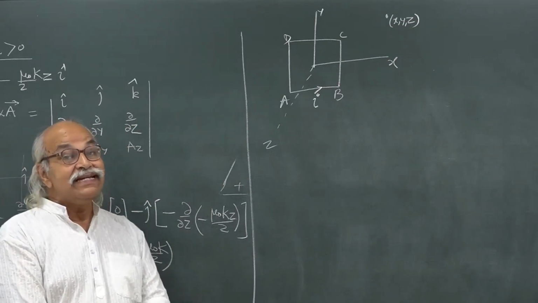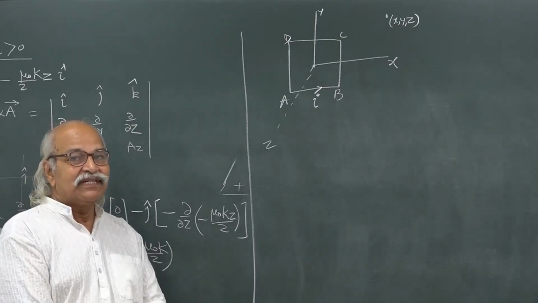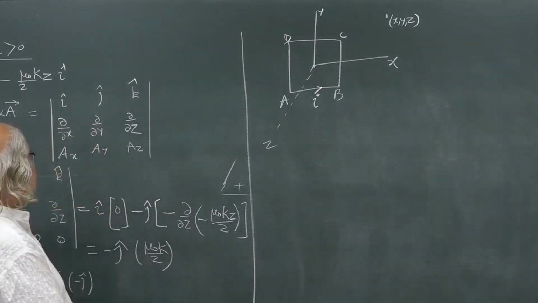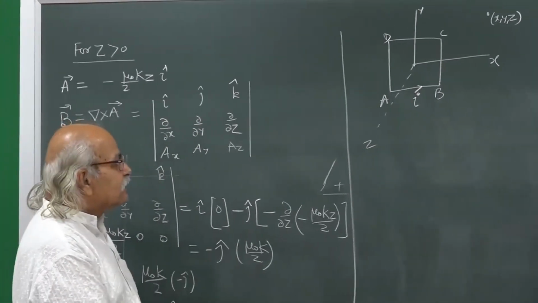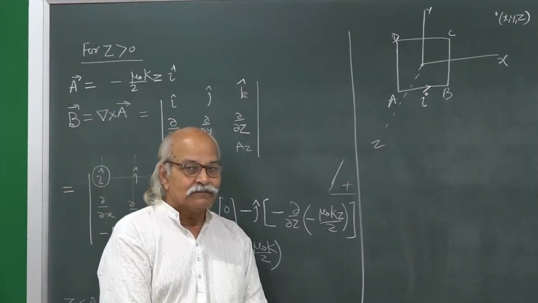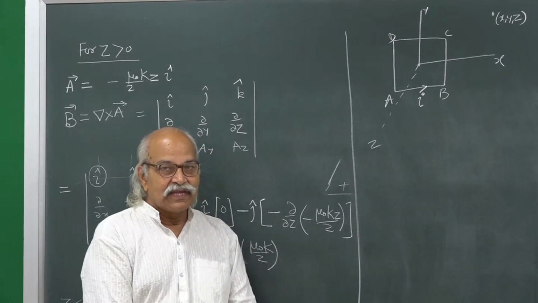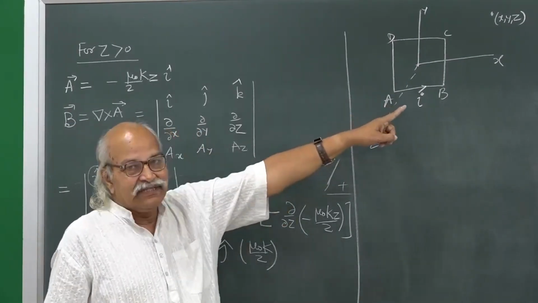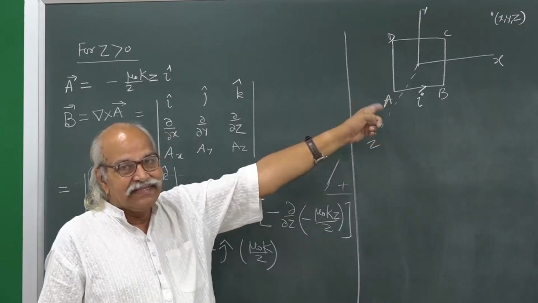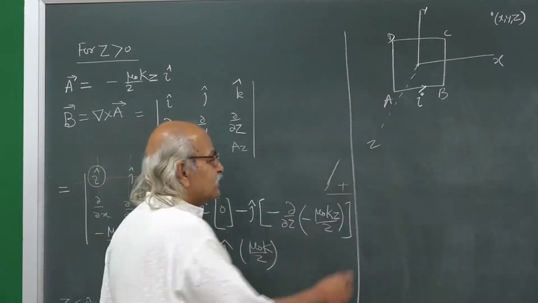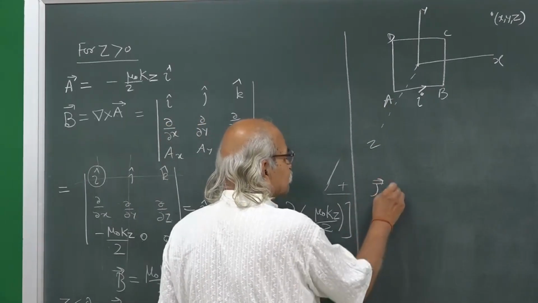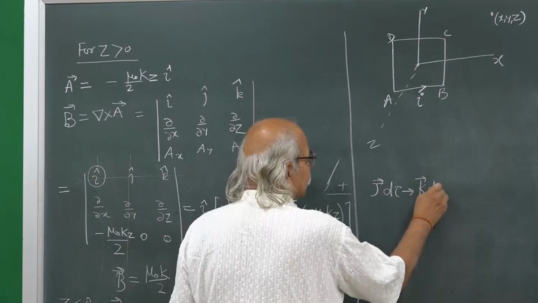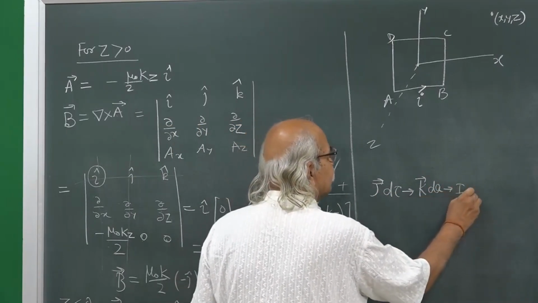And this is now linear current. In the previous example, we had taken surface current. This time it will be linear current, and correspondingly, whatever is the linear current given, that will be I. This J d tau, replaced by K dA, is now replaced by I dl.